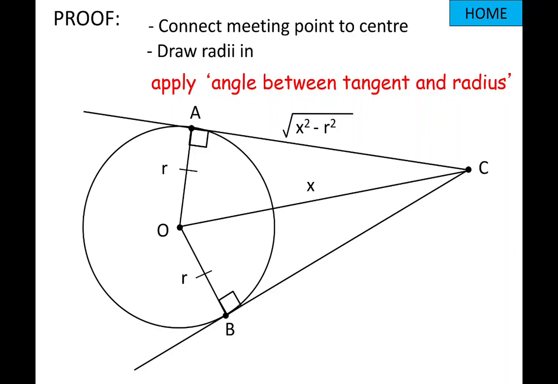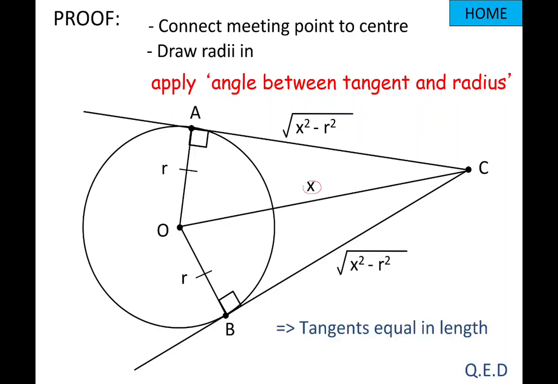This side, since this is a right angle and this part is x, we could apply Pythagoras theorem and we get this side as the square root of x squared minus r squared, and this also will become the square root of x squared minus r squared, which means they are equal in length.